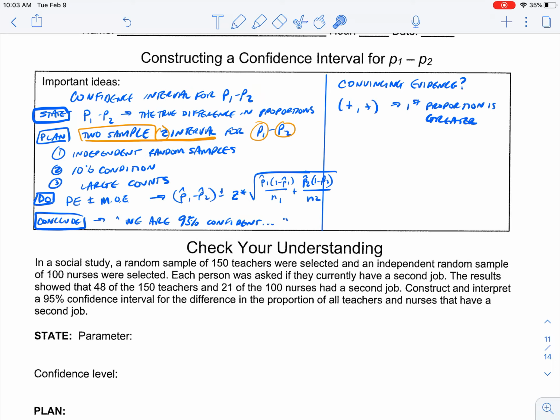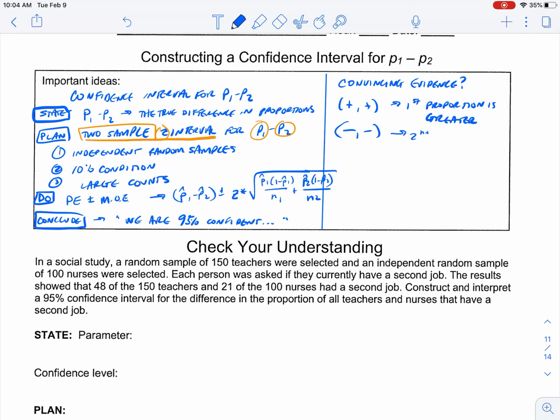So P1 minus P2, P hat 1 minus P hat 2. If both of the interval options are positive, then that means there's no chance that the second one is bigger. Let's go negative first. If we have a negative and a negative, then that would mean that the second proportion is greater, because the second one is bigger, which would yield a negative number.